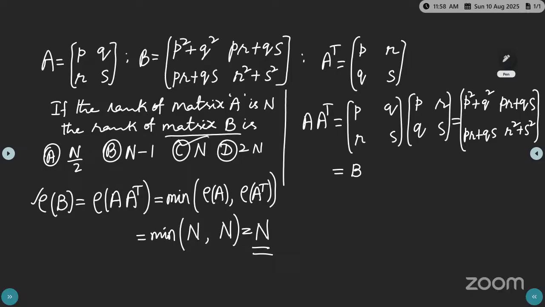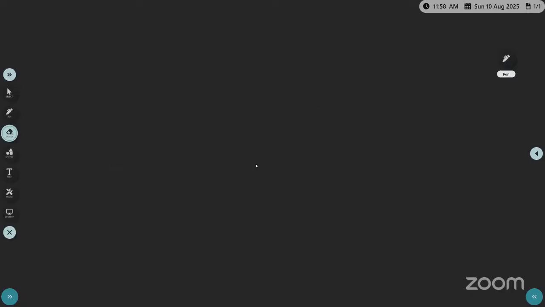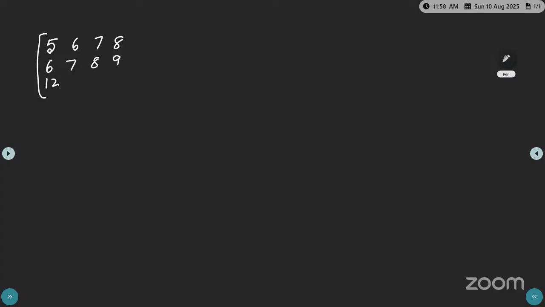Find the rank of the matrix with rows 5, 6, 7, 8; 6, 7, 8, 9; 11, 12, 13, 14; 16, 17, 18, 19. Do it.